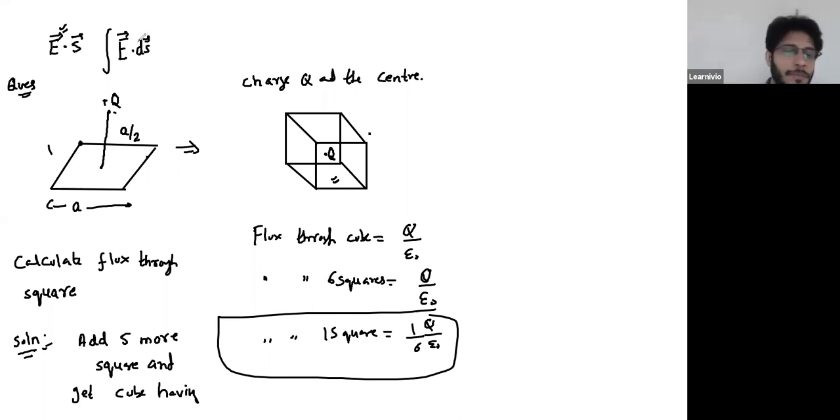First thing, for the square, the value of field is different at different points, so you can't directly use E dot ds. This is valid only if the field is uniform. Here the field is non-uniform, so you will be using the closed integral of E dot ds. Now the issue is you don't know how to solve the surface integral for a square.